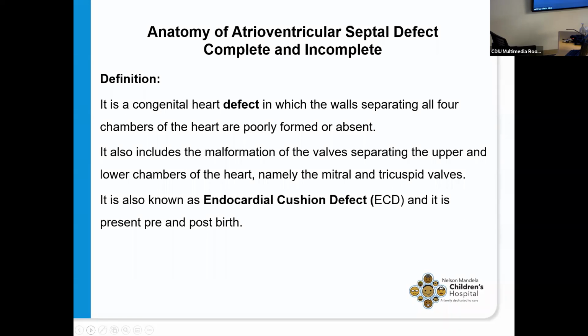And that is why we said it can either be complete or incomplete. It is also known as endocardial cushion defect, and it can present at birth, both pre-birth and post-birth, postnatal.